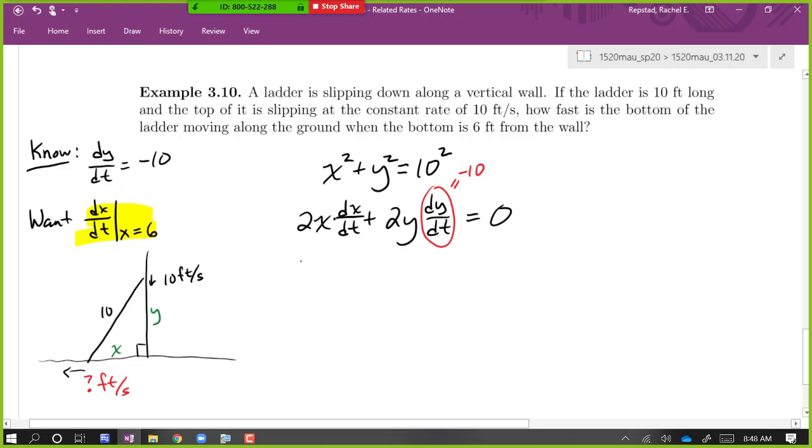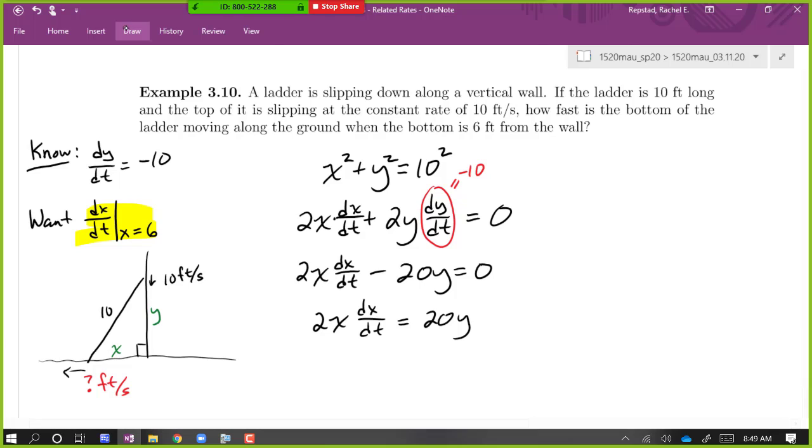So 2x dx/dt minus 20y is equal to 0. We could solve this for dx/dt. Throw the 20y on the other side, divide both sides by 2x.